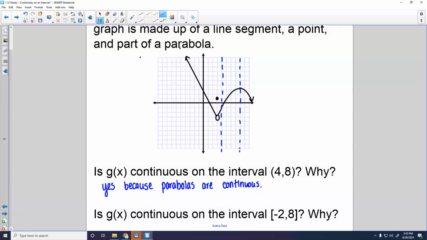However, what about if they ask us from -2 over here all the way up to 8? No. Where do we have a discontinuity? At 3.